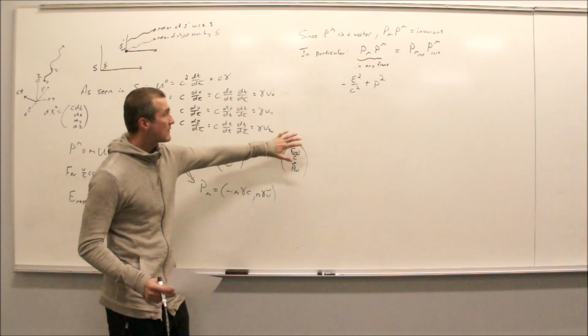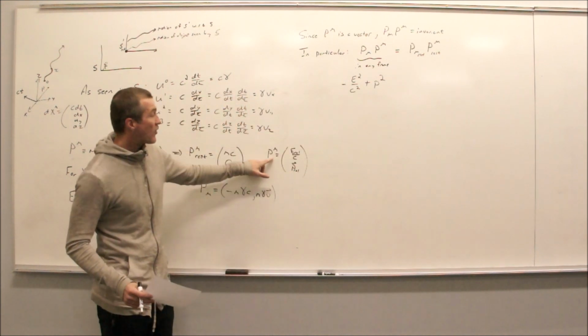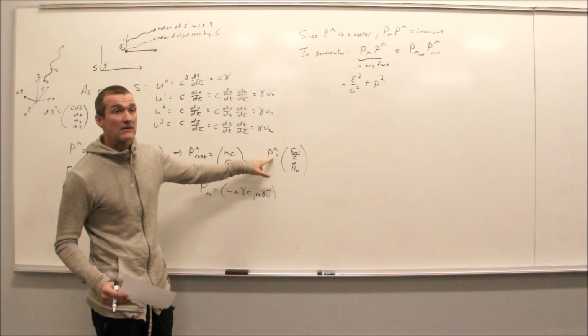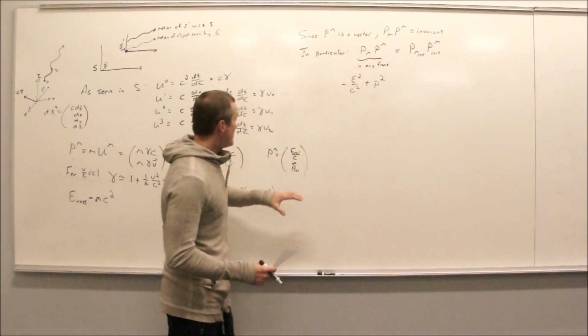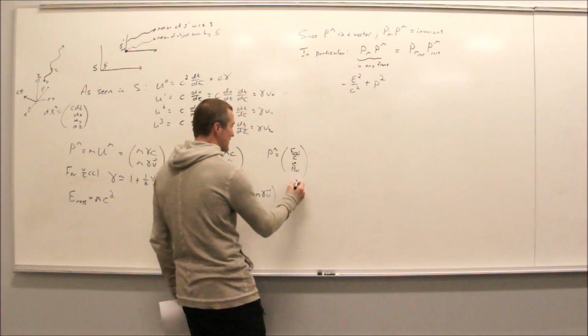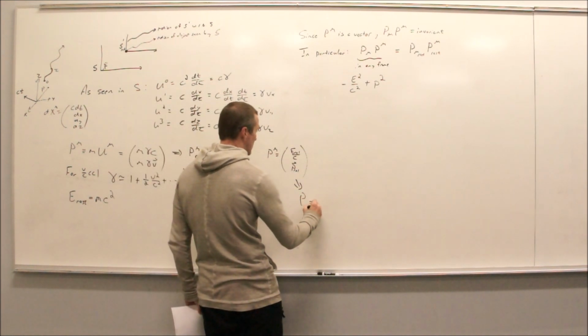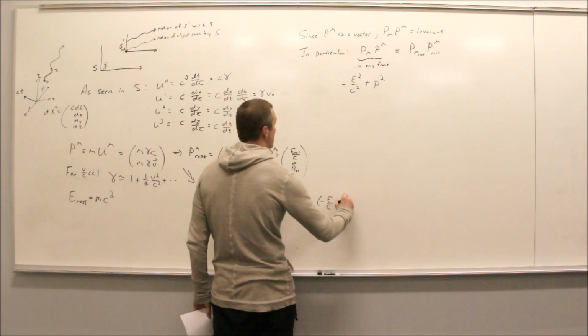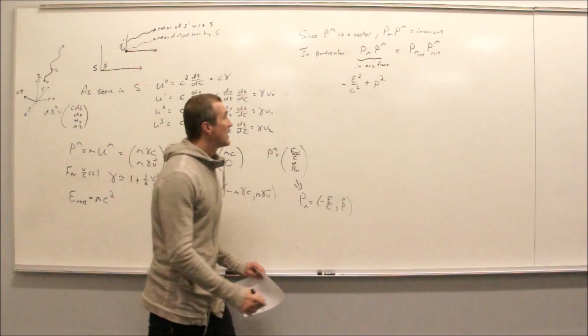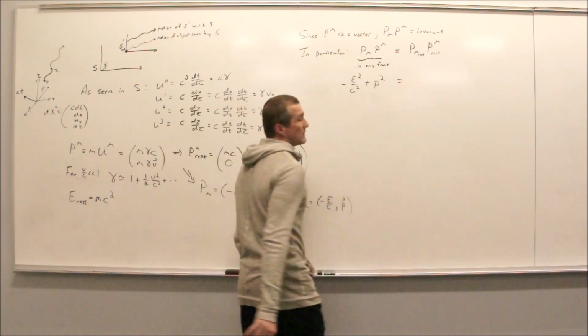The 4-momentum you're always going to know because it's always going to have an index, mu. So this guy ends up being this, which you can kind of see instantly because P mu would be minus E over C, P. Boom.